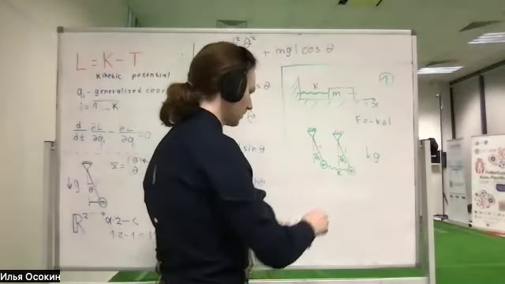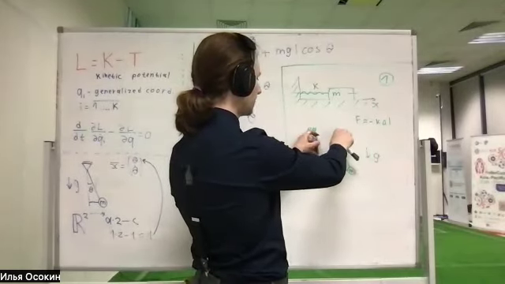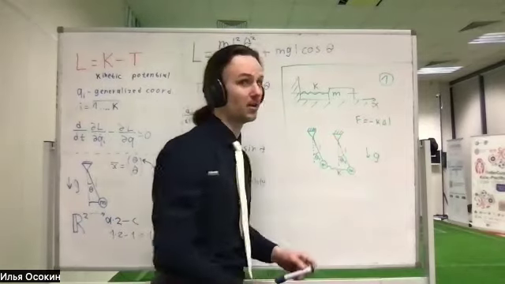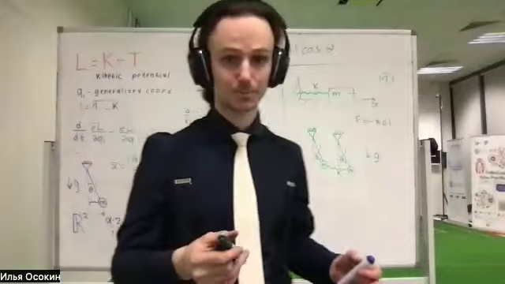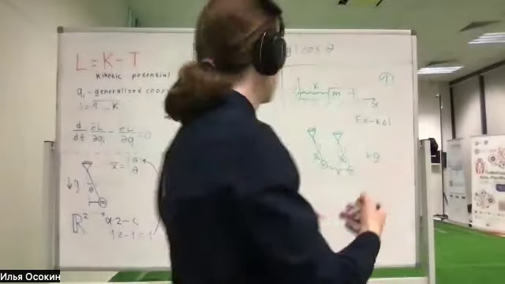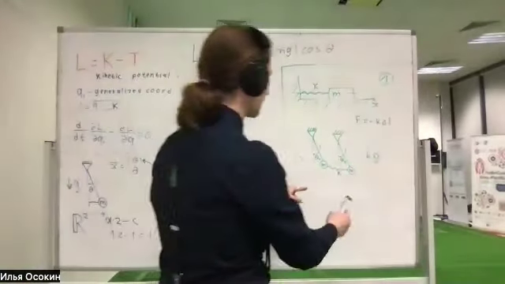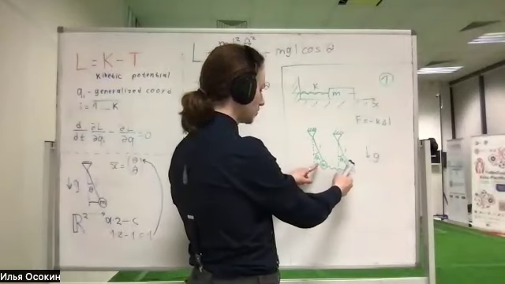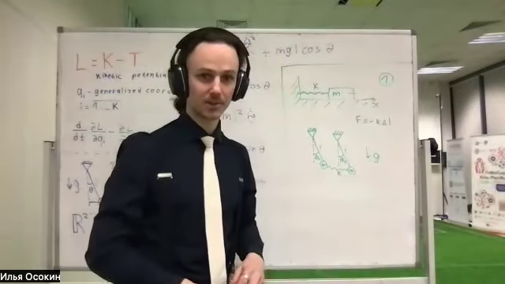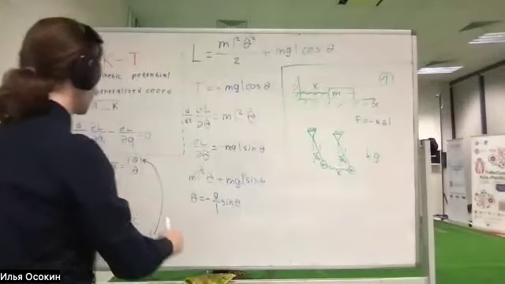Maybe they will swing synchronously, or they can swing like this, so we don't really know. Let's analyze that. And you can do it using the same formalism. The only difference is that here we have two independent generalized coordinates, so you are going to obtain two differential equations.